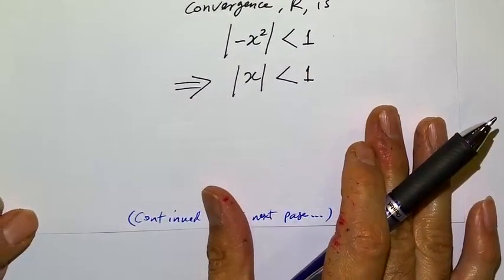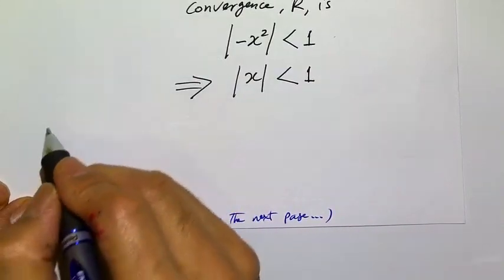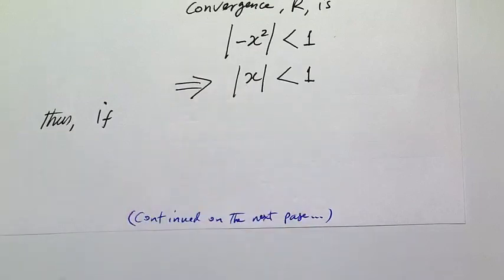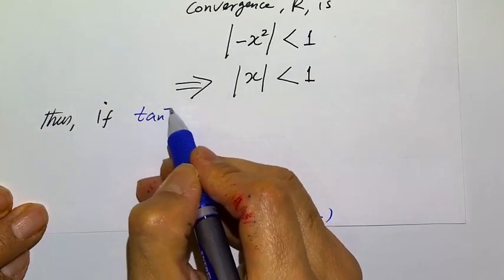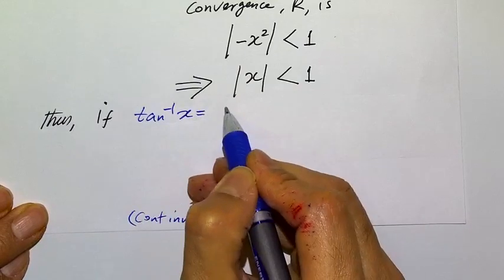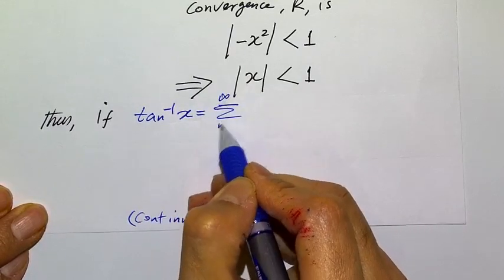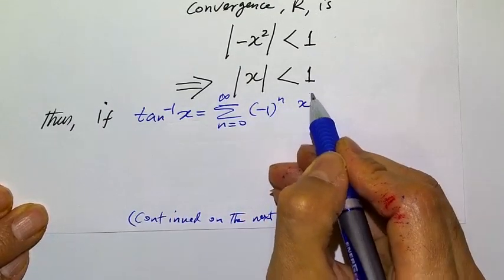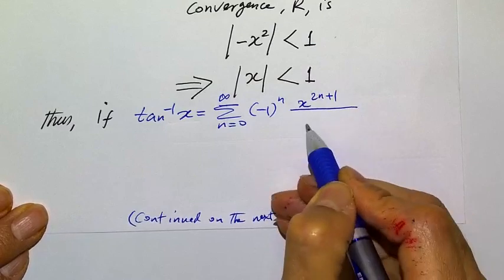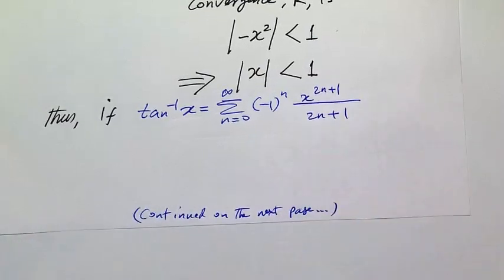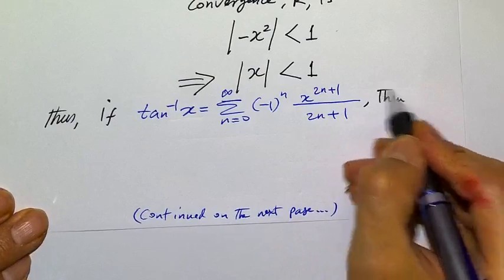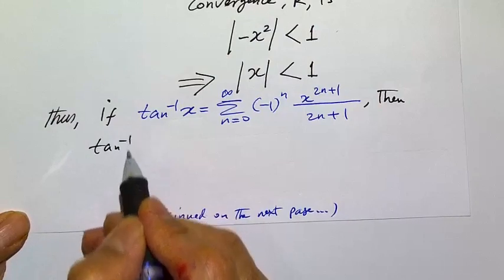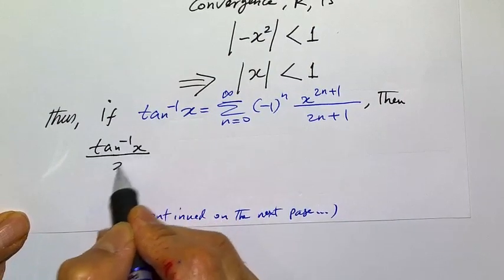Okay, so let me write that down. Thus, if inverse tangent of x equals, then that over that.